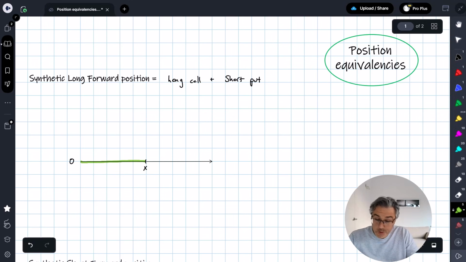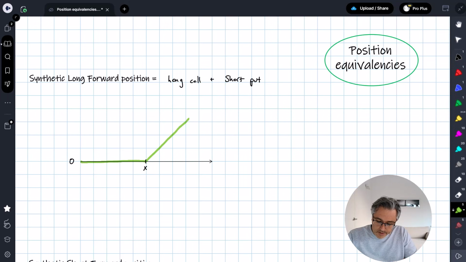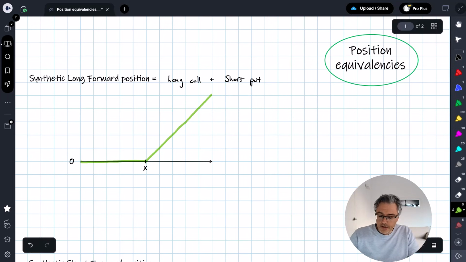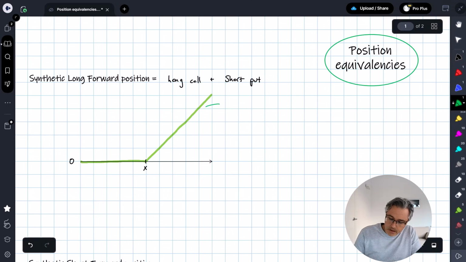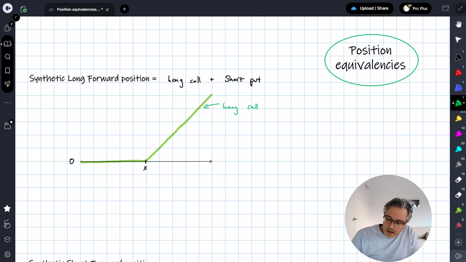If you don't, you really need to go back and watch some videos from those levels. And over here, we've got a line going upwards diagonally at a 45-degree angle. So that's our long call position, with exercise price or strike price equal to X.